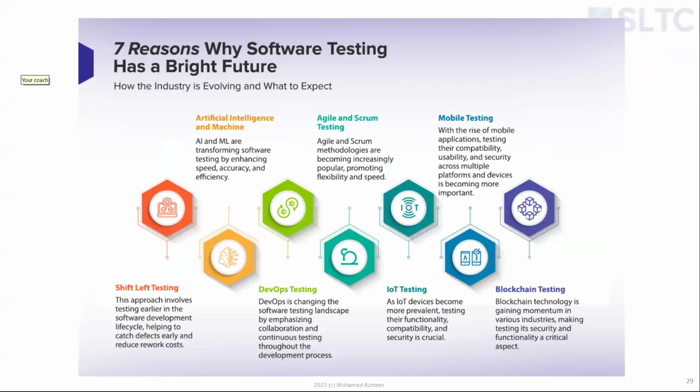I also got this very interesting slide that says 7 reasons why software testing has a bright future. Some people think, okay, AI is here, so there's no job for us. There's no point of doing software testing. Not really, right? If you have an idea about AI and ML, yes, you can be a great tester.